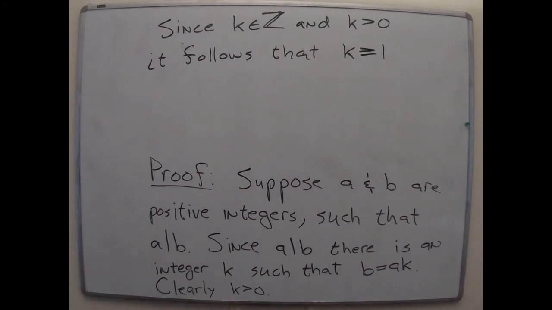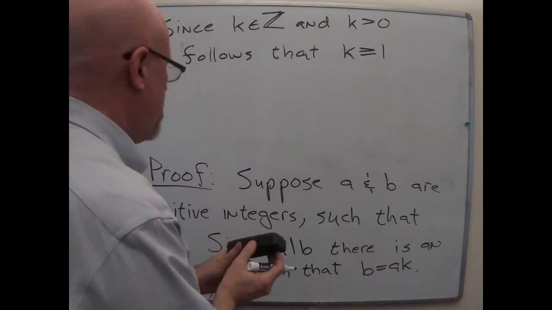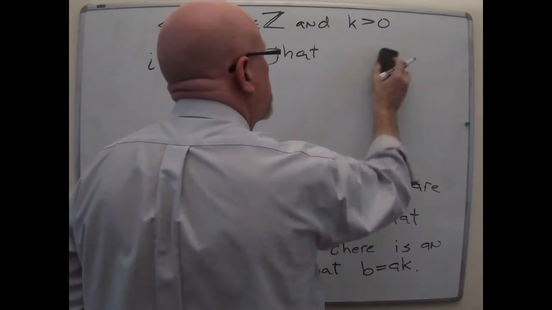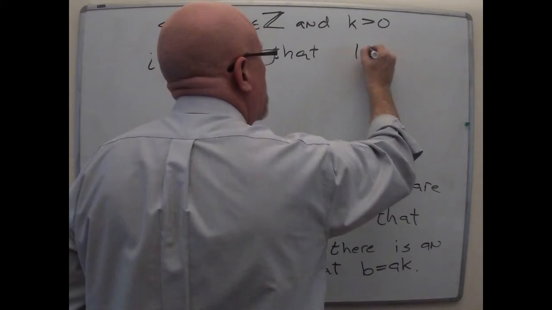I've erased the thing I wanted to have, but I've got K is greater or equal to 1, and I'd like to show that A is smaller than B. A is the smaller number, the one that divides into the bigger number. So to keep it lined up the same way, let's write this as 1 is less than or equal to K.